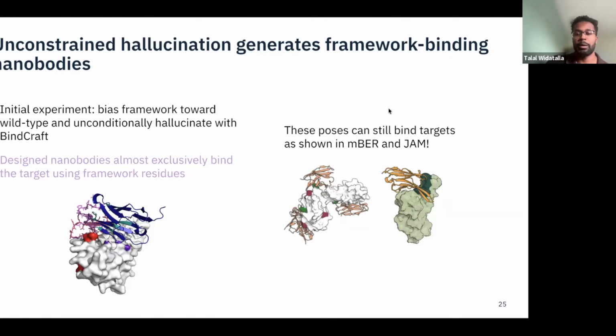If you use a fixed framework and your binder is binding with your framework, it's really hard to argue that the binder will be target specific. Whereas if you use loops with a fixed framework and you're able to design the loops to bind the target, then you're more ensured, at least at a high level, or at least this is our thought going in, that you could get a specific binder.